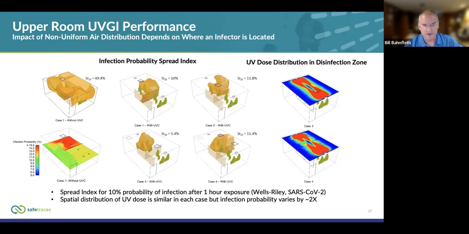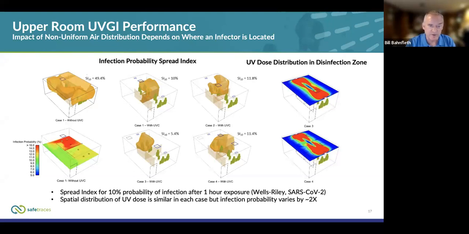Even though we're changing the airflow patterns a lot, the distribution of the UV energy doesn't really change very much. That's shown by the 2 figures at the far right that are, again, color contours. So the air distribution doesn't really affect what's going on with the UV, but if we look at the 4 figures in the middle with UVC, what we see is in every case, there's high probability of infection in the cubicle where the infector is, and it only varies by about a factor of 2.